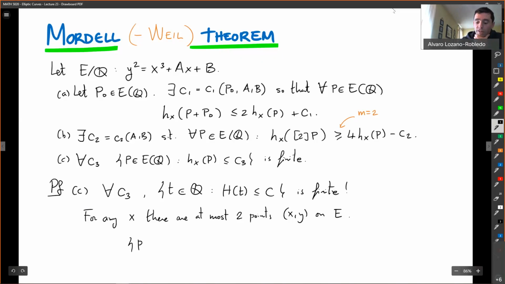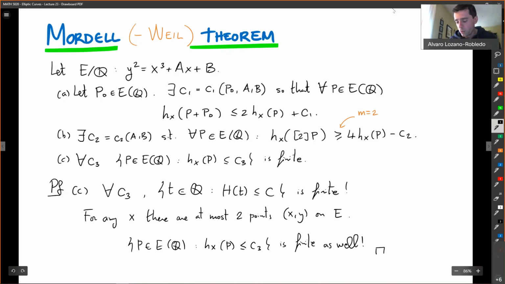So the number of points on E such that the height is less or equal to C3 is at most twice the number of rational points with height less or equal to, because of the logarithm, e to the C. So in any case, this is finite as well.